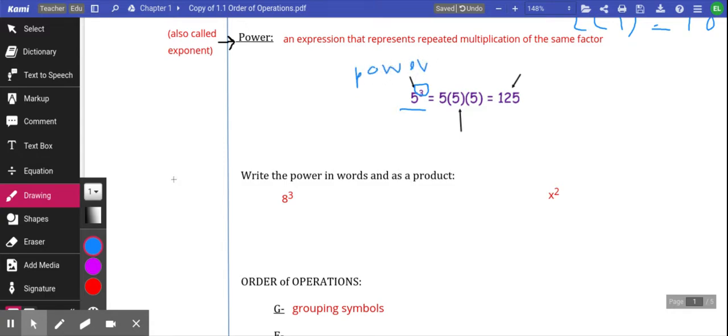And as you can see, we rewrite 5 to the third power as 3 factors of 5. Remember, a factor is a number used for multiplication. So 3 factors of 5. And the result, when simplified, would be 125.